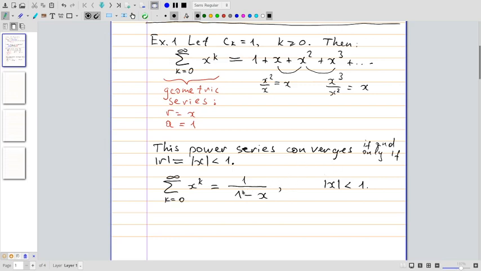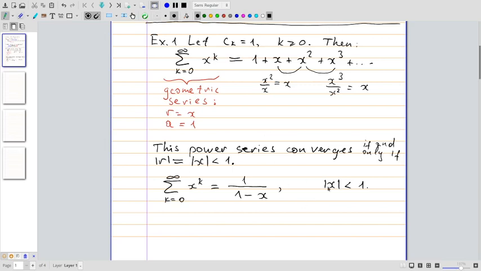Now, you should understand that the right-hand side here, this function, can take any x. You can plug in x equals 2, x equals 3, and so on, and you get a nice valid number. On the left-hand side, this infinite sum will only converge if the absolute value of x is less than 1.